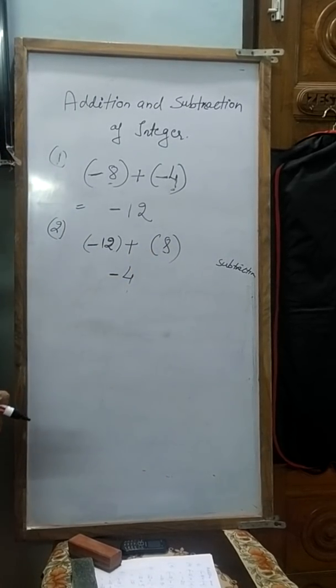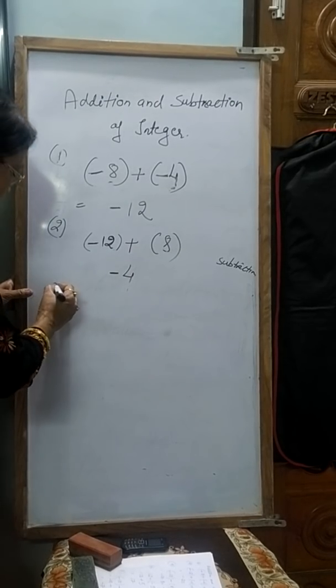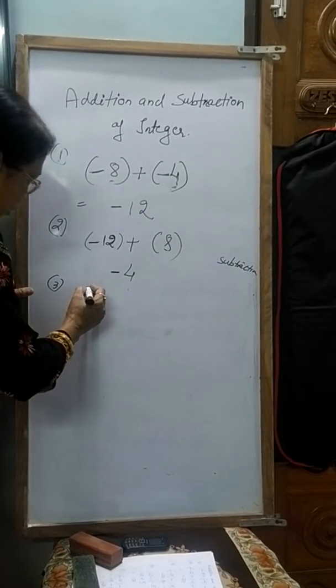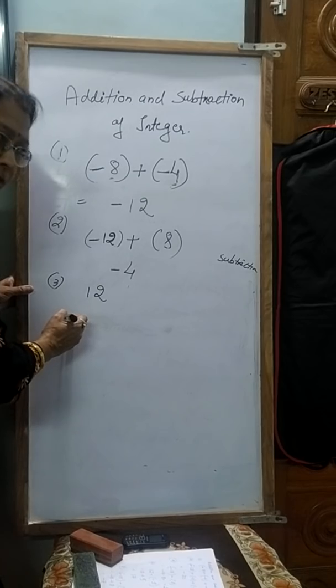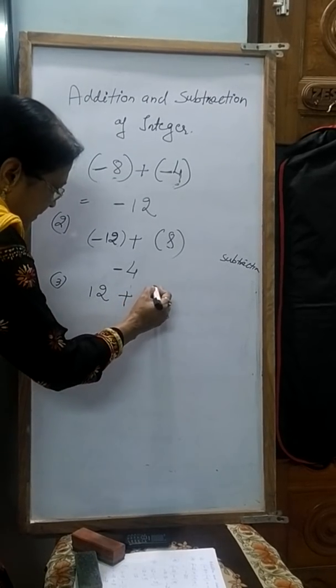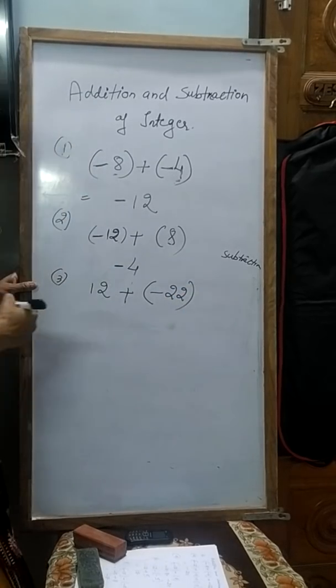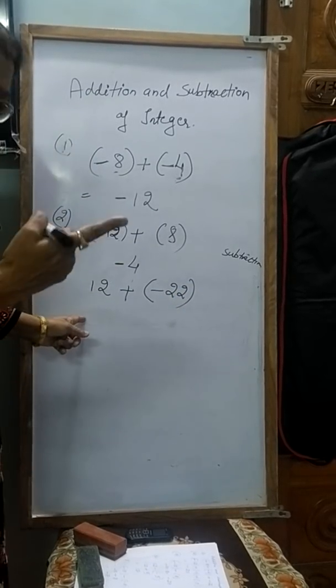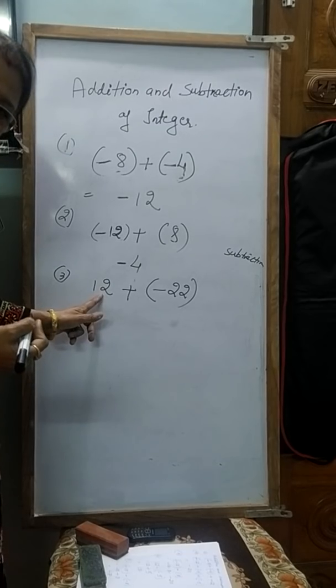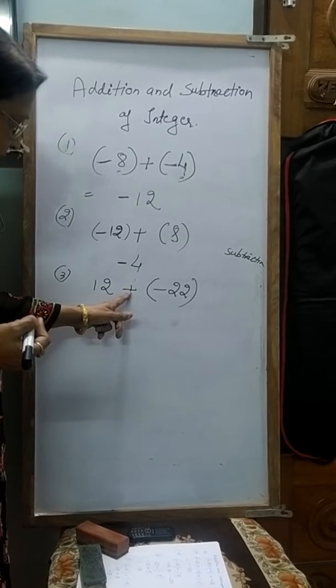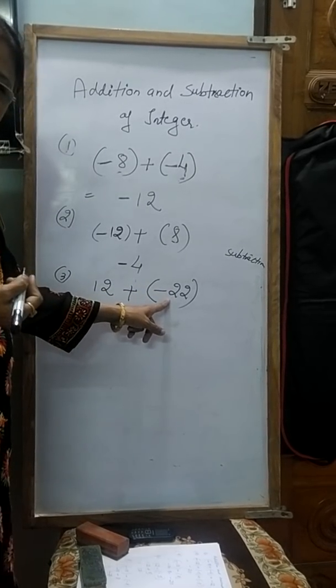Third question: 12 plus minus 22. Again you want to add minus 22 to 12.